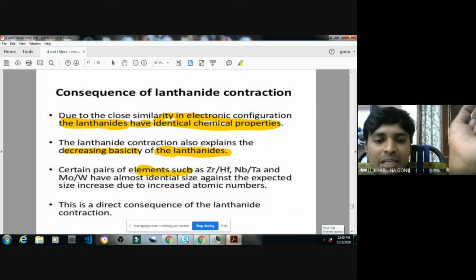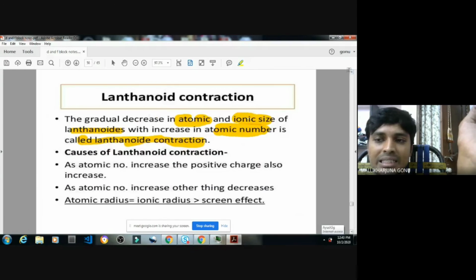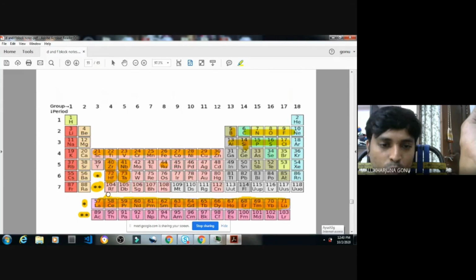Certain pairs of elements such as zirconium and hafnium, niobium and tantalum, and molybdenum and tungsten have almost identical size, against the expected size increase. Actually we should expect an increase in size as we go down the group, but due to the f orbitals, they have the same size.